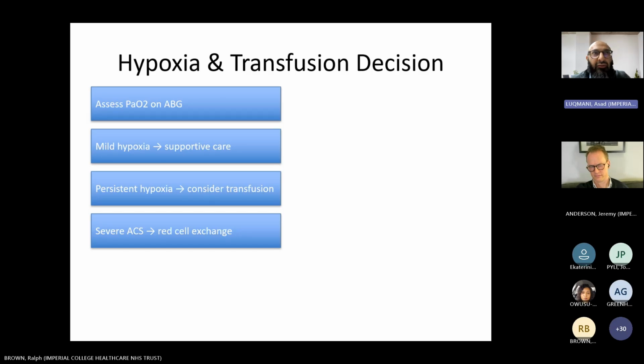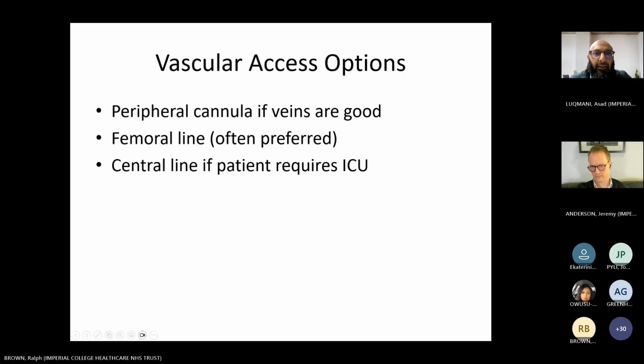But often now, when they're transferred to HD or ITU, they receive Optiflow rather than CPAP. And they may require a top-up transfusion. In more severe cases of acute chest syndrome, generally patients are treated with automated red cell exchange transfusion. Next slide.